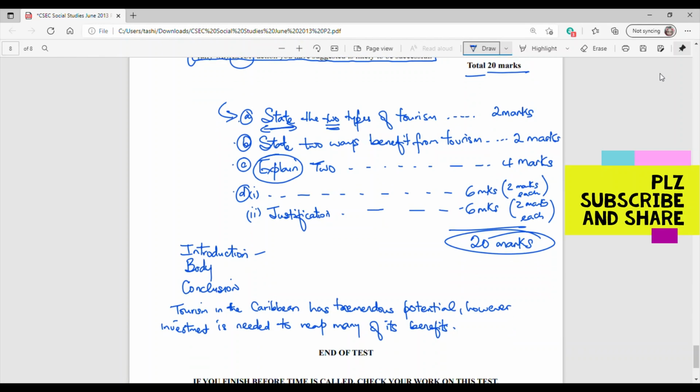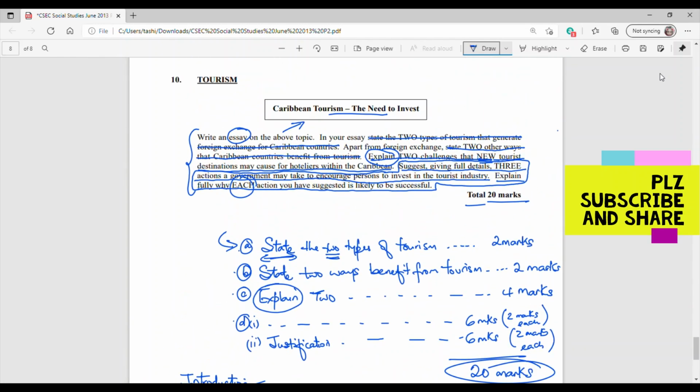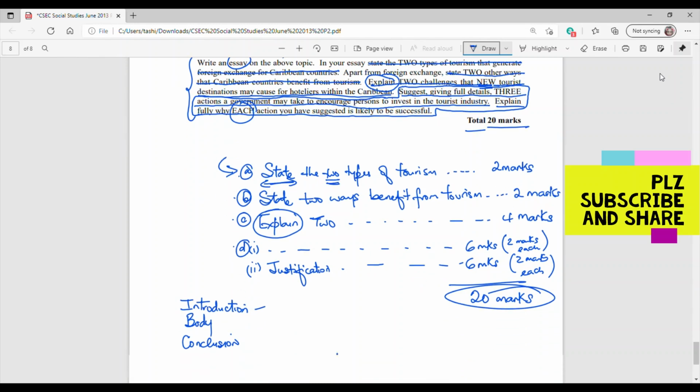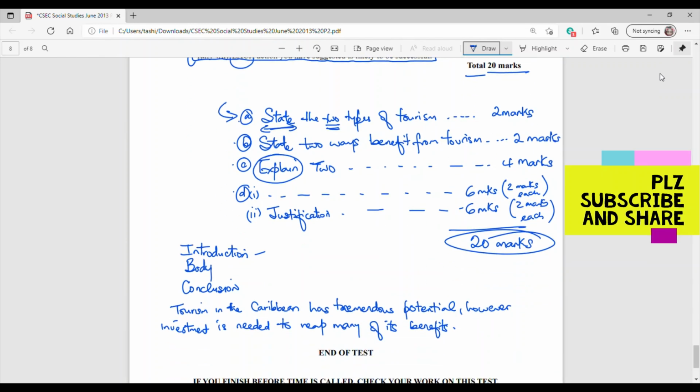So it says, state two types of tourism that generate foreign exchange for Caribbean countries. So we can go ahead and say two types of tourism. So we're just going right into the question. Two types of tourism. And we're answering it in a sentence. So we're just putting the essay together with what they ask us to do.